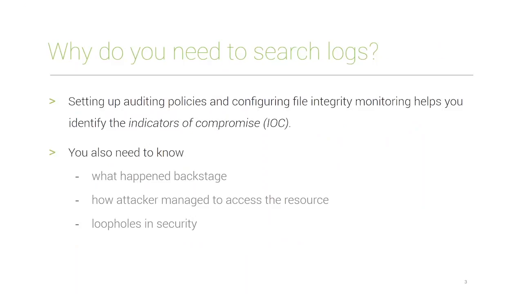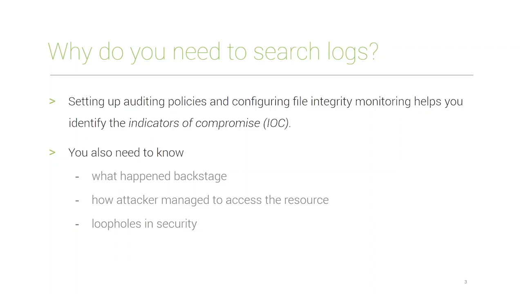But why is the log search important when we already have all the reports and alerts in place? In our previous workshops, we looked in detail at setting up auditing policies and how to monitor access to your confidential data through file integrity monitoring. However, that is not enough. While you may be getting the alerts in real time, those are just the indicators of compromise.